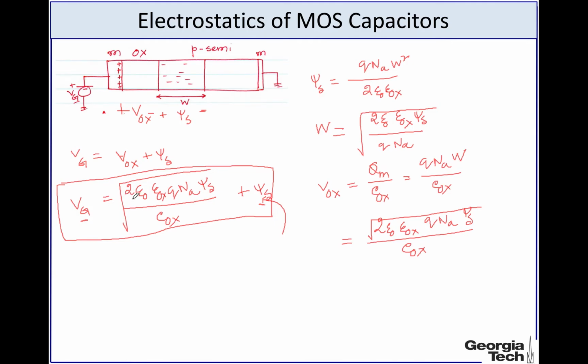Threshold voltage is the voltage at which the oxide semiconductor interface becomes inverted, meaning that the electron density at this interface will be equal to the hole density in the bulk of the semiconductor, or equal to the acceptor dopant density.